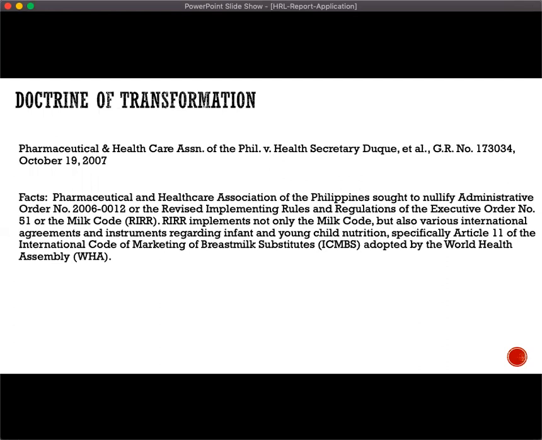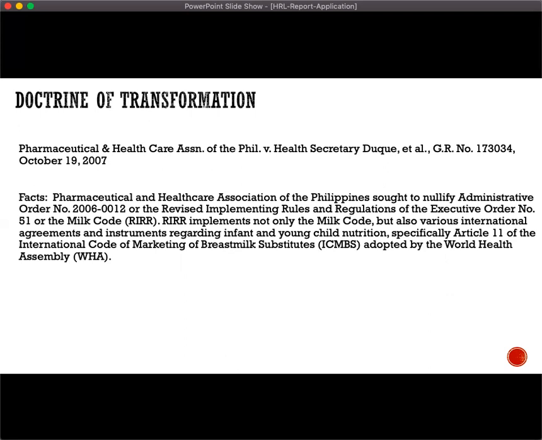So just to give us an idea, a case where the court also explained the doctrine of transformation is Pharmaceutical and Healthcare Association versus Secretary of Health Duque. So to give us an overview, the facts of the case state that the Pharmaceutical and Healthcare Association of the Philippines sought to nullify Administrative Order 2006-012, or the revised implementing rules and regulations of the Milk Code.